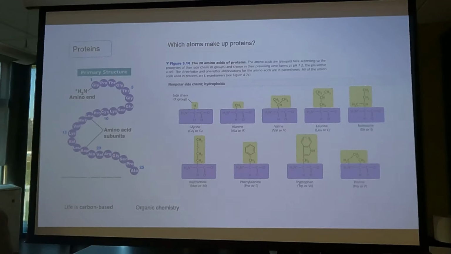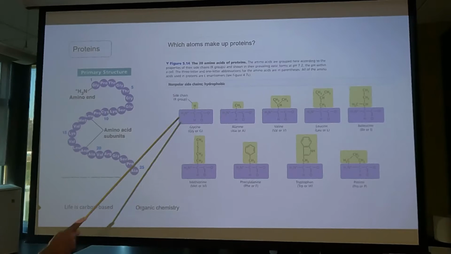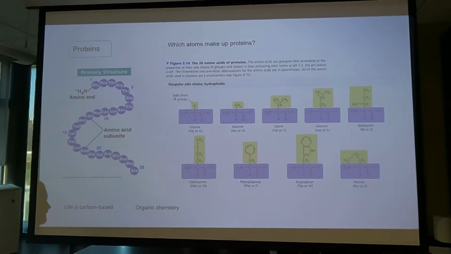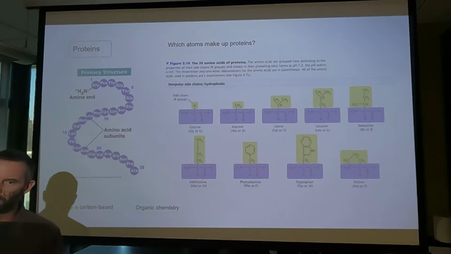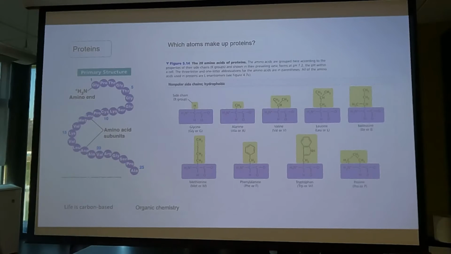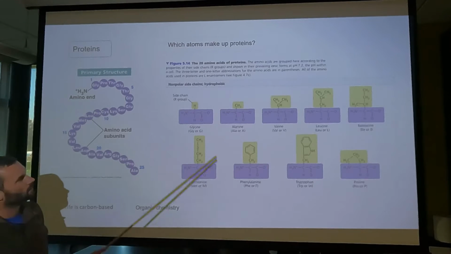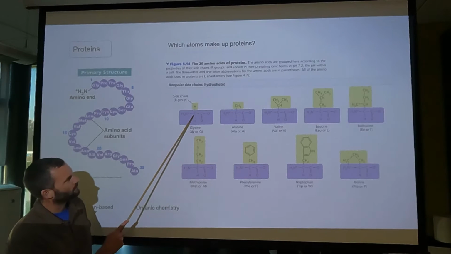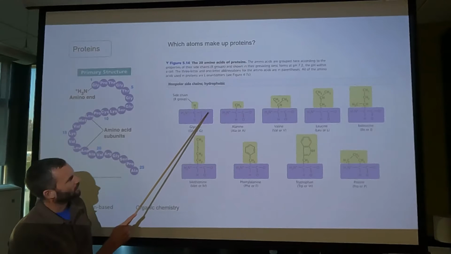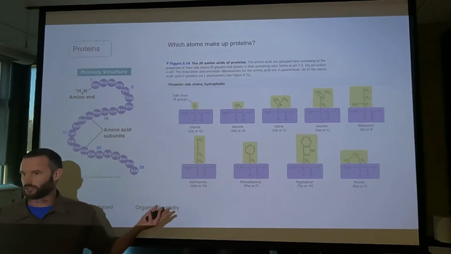What type of atoms make up these amino acids? What do you see in here with regards to the atoms, the elements that make up amino acids and therefore proteins? The four most common: carbon, hydrogen, oxygen, nitrogen.